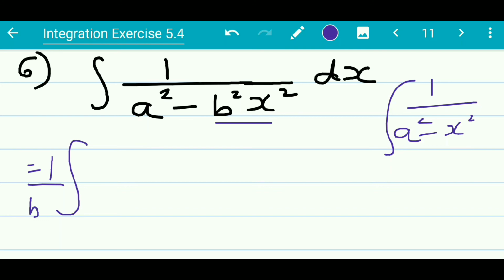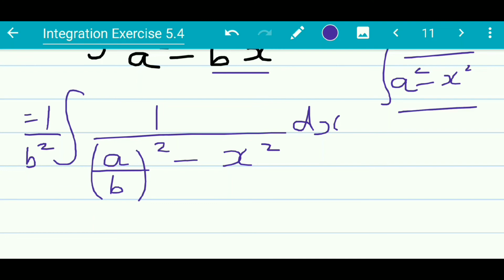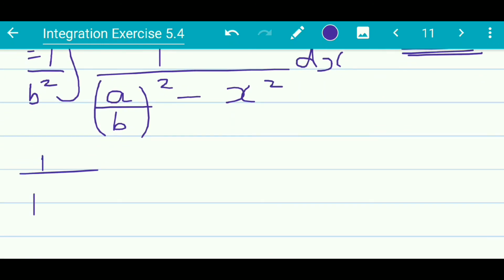So 1 upon b square into 1 upon, now we divide both the terms by b square. So we get a square upon b square. That a square upon b square, I am writing it as a upon b the whole square minus x square dx. Now if you observe, this is of the form 1 upon a square minus x square. So the answer for that is 1 upon b square into 1 upon 2a.